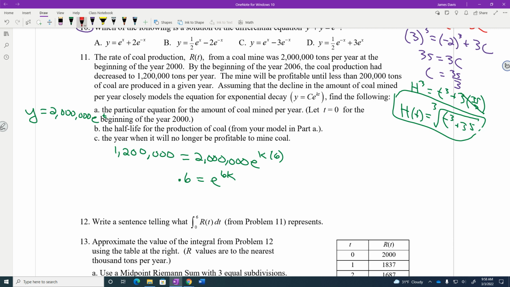And then we want a natural log, and then divide by 6. And then k is going to be the natural log of 0.6 over 6. And if it's a long decimal, we might just want to leave it like that. It doesn't really tell us what to round it to or whatever. So let's try both. 0.085.